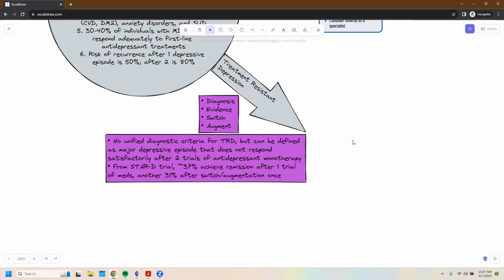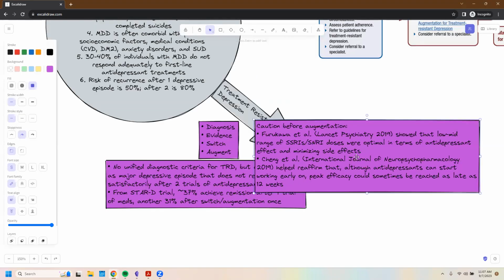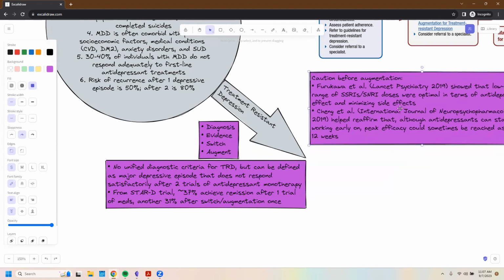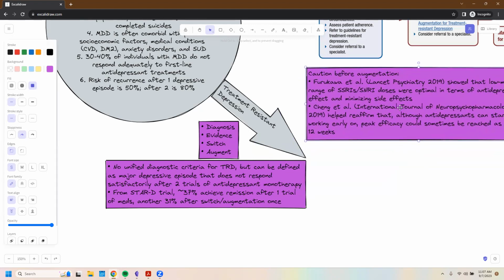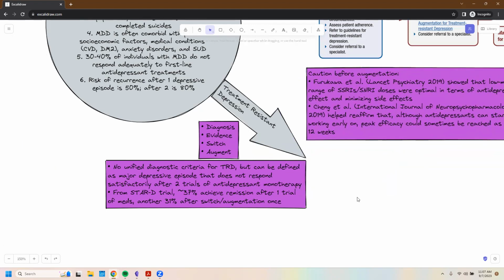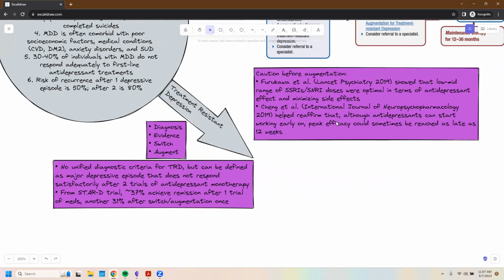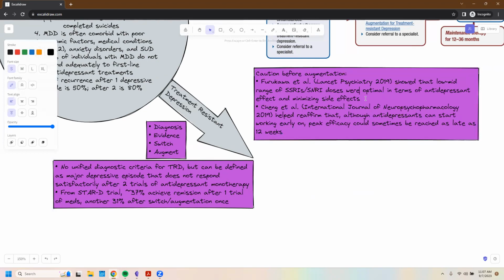Okay, and so we talked about augmentation as a strategy, and some of the evidence behind this too. When you're considering augmentation, like I mentioned, you want to make sure that your antidepressant is at least at a minimum therapeutic dose.